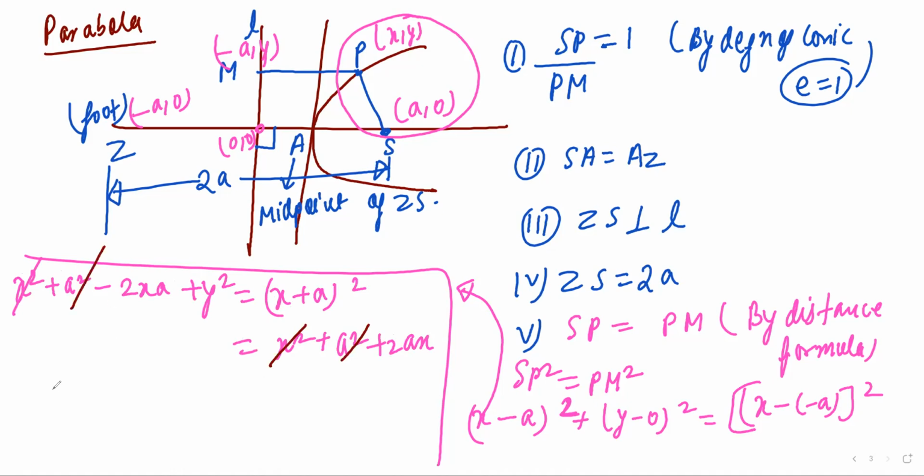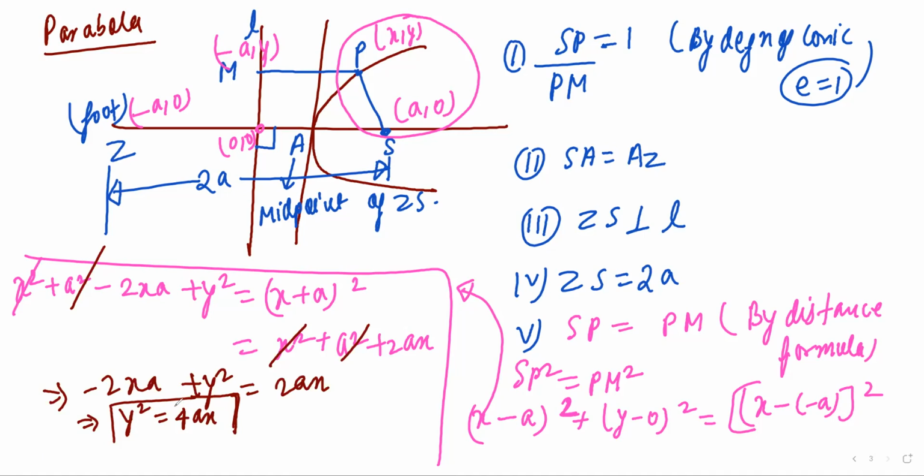Right, so the remaining is minus 2xa plus y square equal to 2ax. So y square will be equal to 4ax. This y coordinate and that y coordinate are the same, that's why we have written 0. So y minus y is 0, that's why it vanished. So this is the equation of parabola.